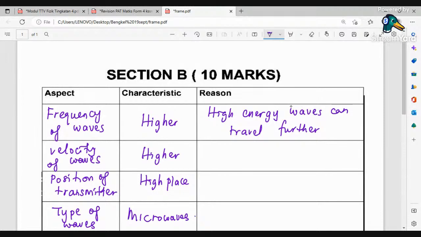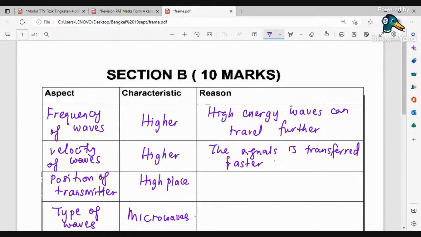Velocity of wave higher, the signals is transmitted. Okay, signal hantar lebih cepat lah sebab dia laju kan. Okay.